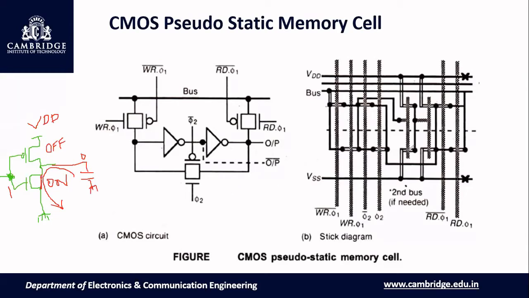Using the stick diagram, you want me to explain? So here, a channel is formed in this transistor. Here you can see we'll give logic 1 here. If I give logic 1, the PMOS will be off.